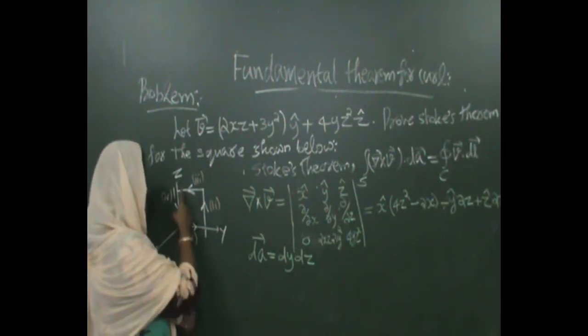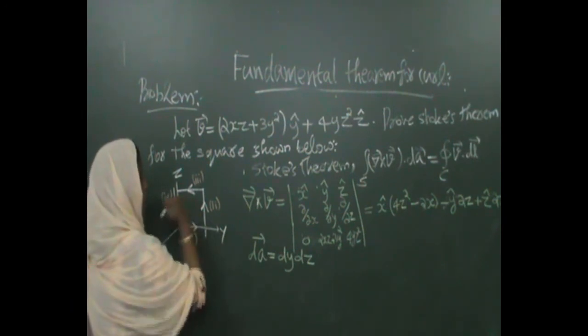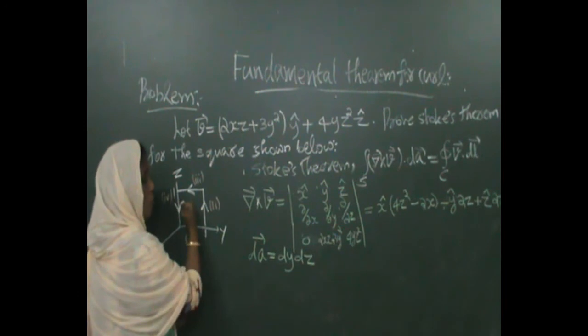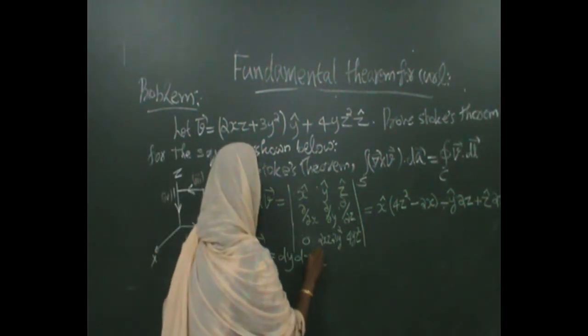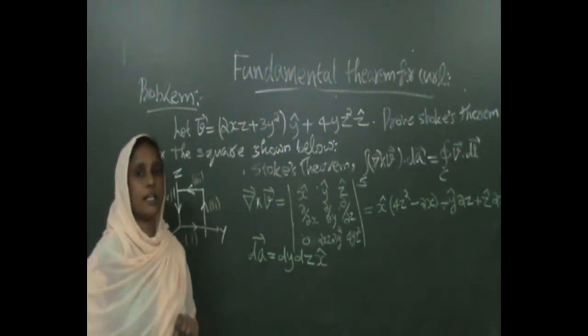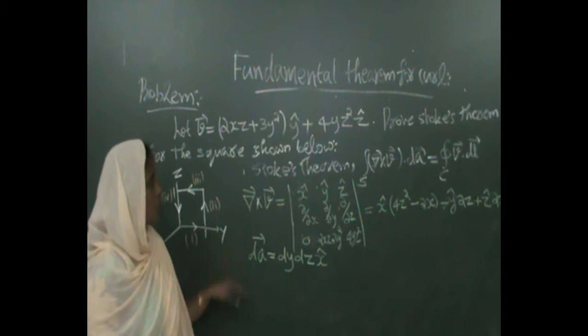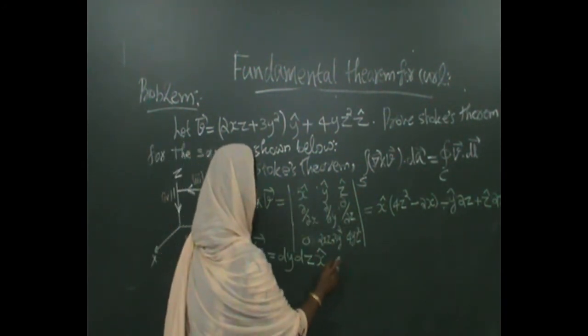Since we show the counterclockwise direction here, we assume this area along the positive x cap direction. So dA equals dy dz x cap. Now you can find the LHS.